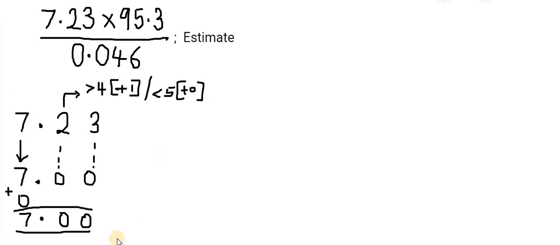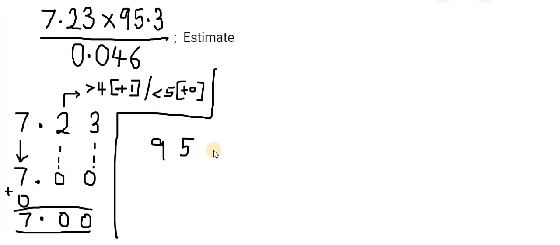Next number, 95.3. Bring down our first significant figure, that's 9. We check the number just after it. Using the rules, if it's greater than 4, add 1 to the previous number. If it's less than 5, add 0 to the previous number.